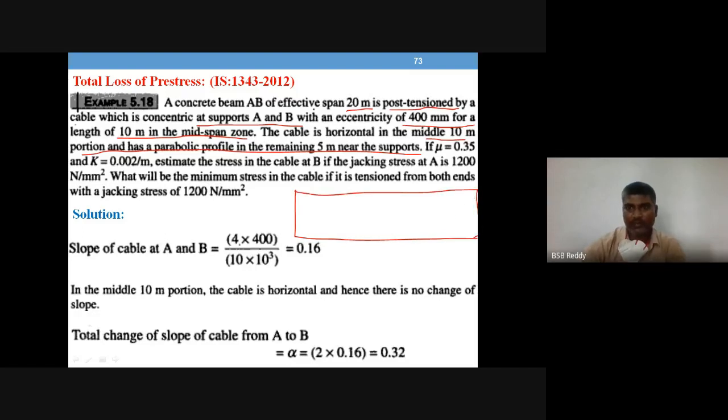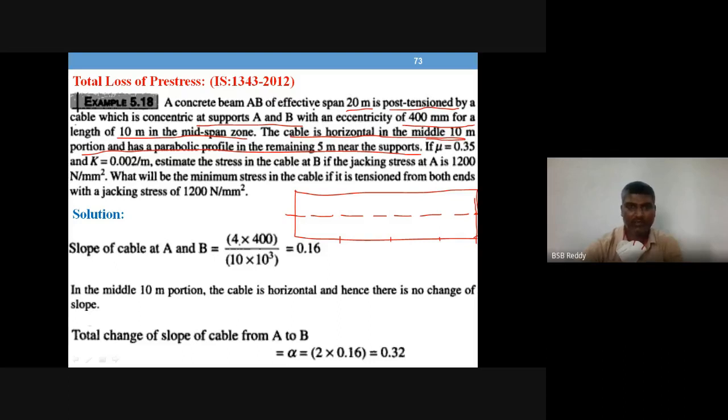Okay, right. So just CG of concrete and neutral axis. 20 meters total span, so make this into four equal parts. Okay, so this is five, each 5 meters, 5, 5, 5 and 5 meters. So middle 10 meters, cable is horizontal in the middle 10 meters, 400 mm eccentricity.